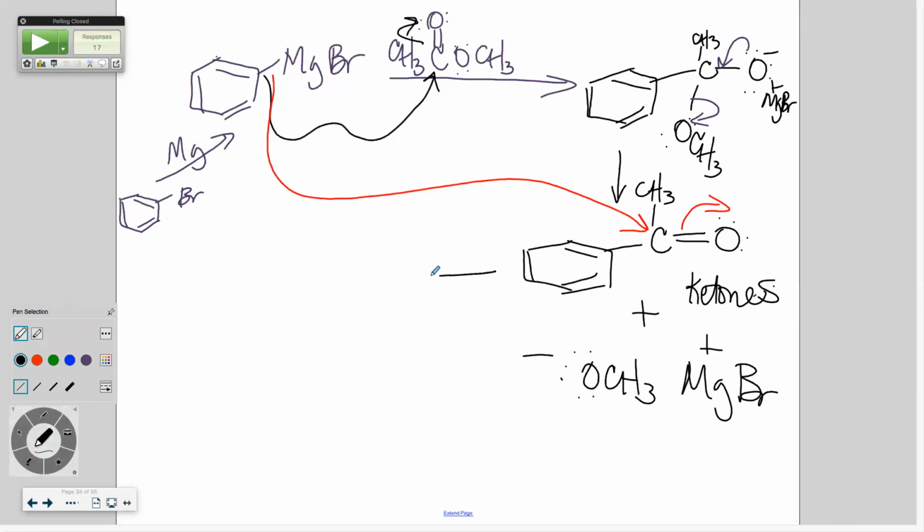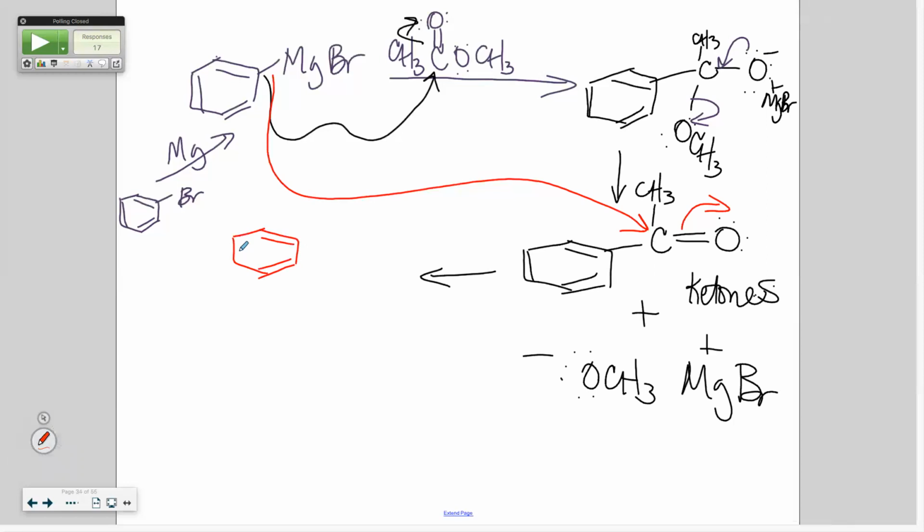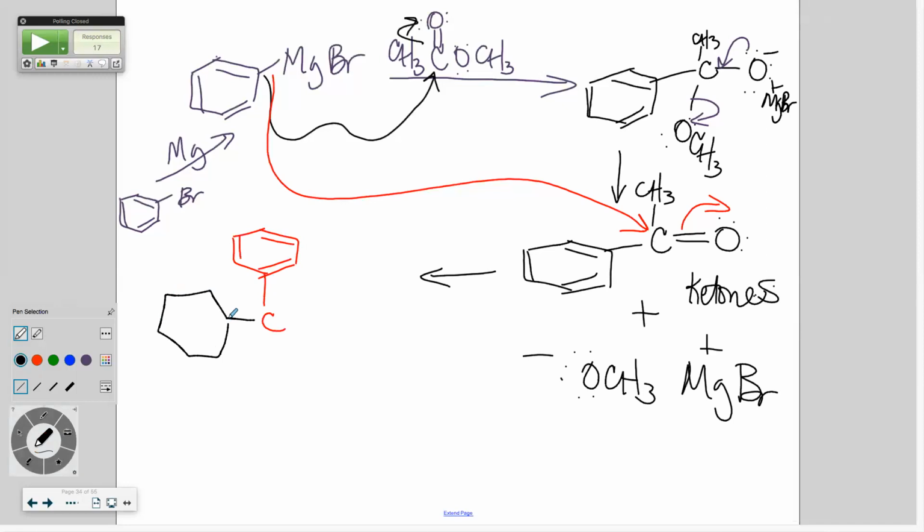All right, so what do we have now? Notice that we went to the carbon of the carbonyl. We went out to the O, just like we did before. So here's our new benzene ring. I will make it red. There's our C. That C has the old benzene ring on it, right?